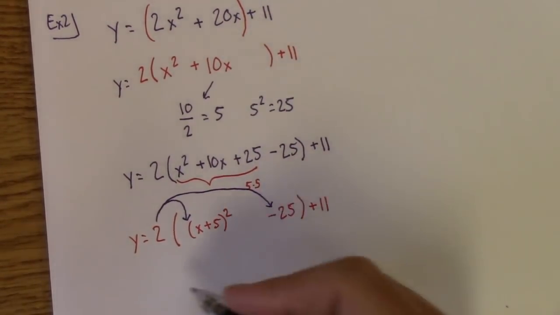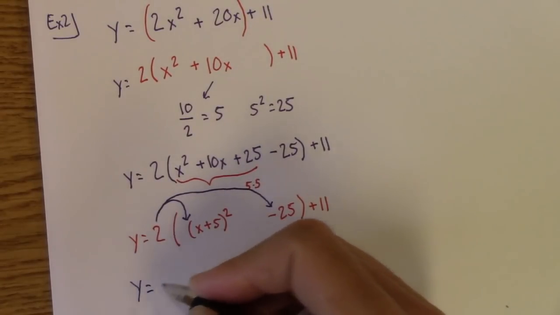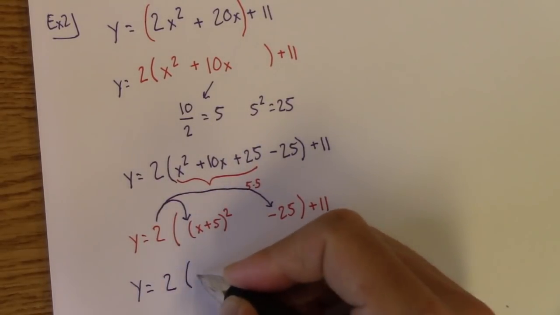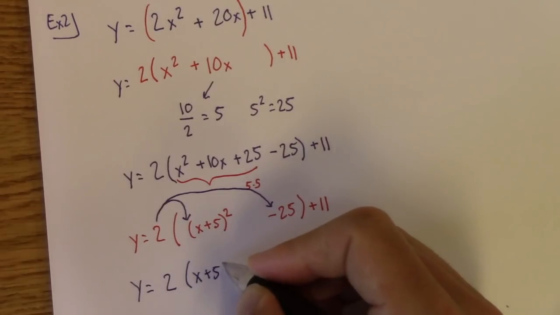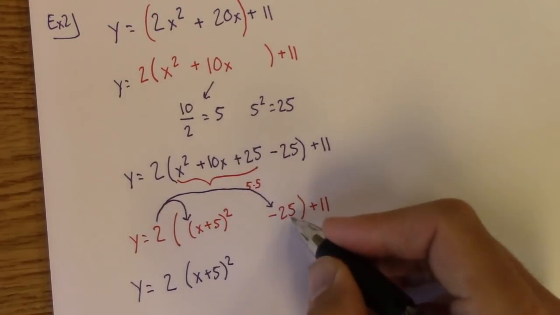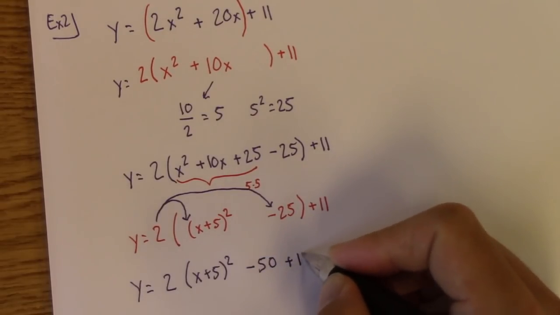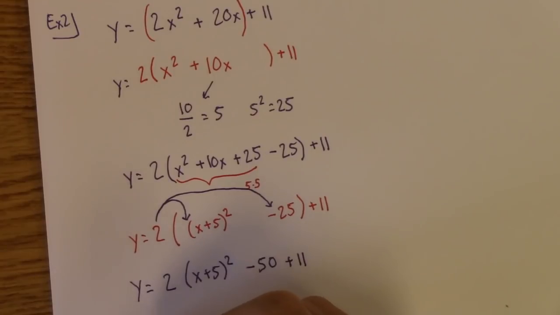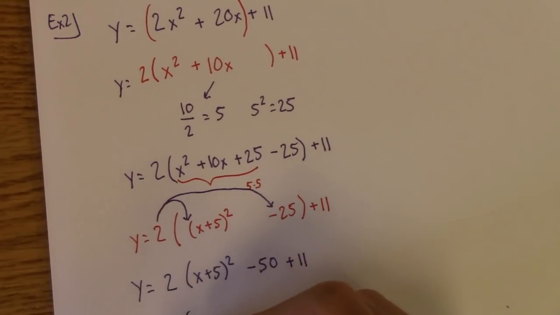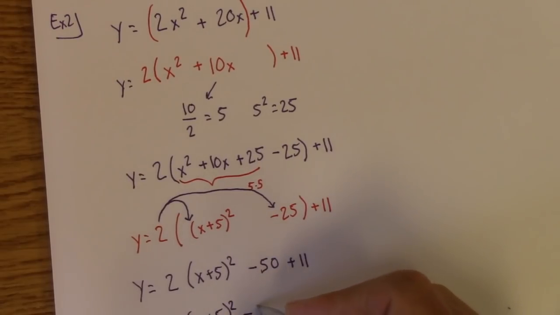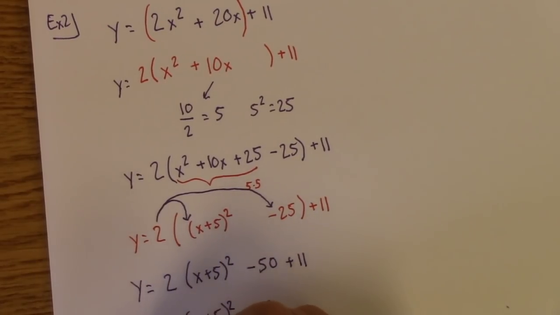So when I do that, I get the following. y equals 2, parentheses, x plus 5 squared. 2 times a minus 25 is a minus 50, plus 11. And then finally I can clean that up by adding the last two terms: y equals 2 times x plus 5 squared minus 39.